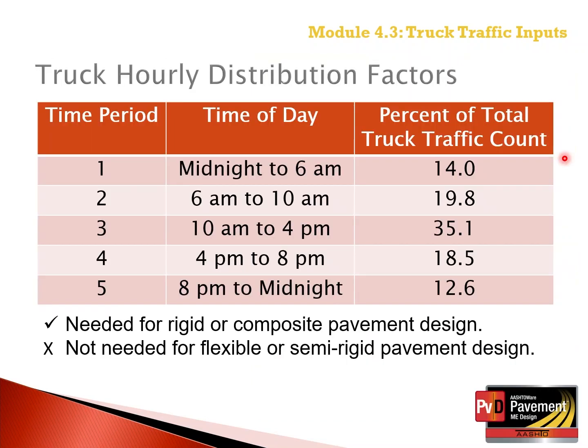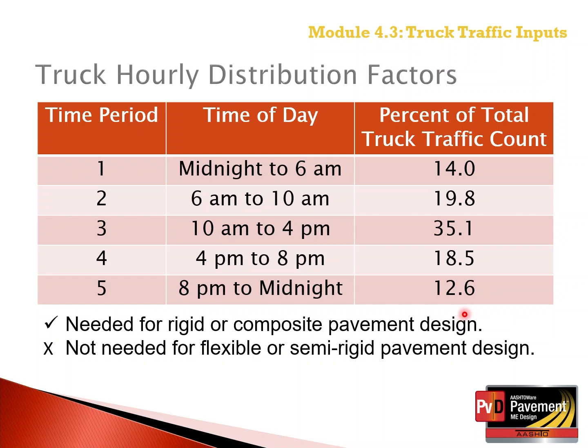The truck hourly distribution factors: these are the average default values for rigid pavement design, the percent of total truck traffic from the traffic counts for different intervals during the day, midnight to 6 a.m., 6 a.m. to 10 a.m., and so on, to 8 p.m. to midnight. This is needed for rigid and composite pavement design. These are not needed for flexible or semi-rigid pavement design.